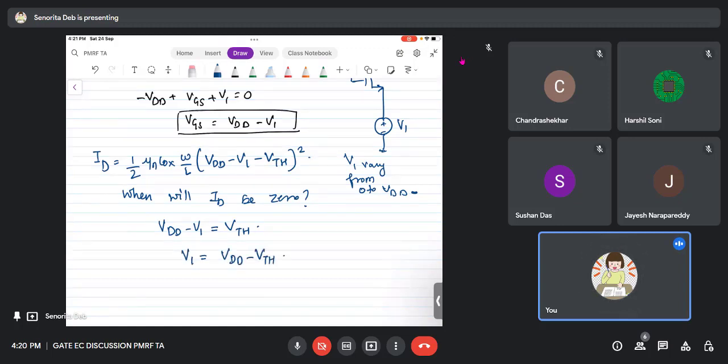That means V1 will be equal to VDD minus VTH. Is this clear? This is from the equation. This will become 0 when VDD minus V1 minus VTH is 0. In that case, ID will be 0. So VDD minus V1 will be VTH, that means V1 will be VDD minus VTH. At this condition, ID becomes 0. MOSFET is off.